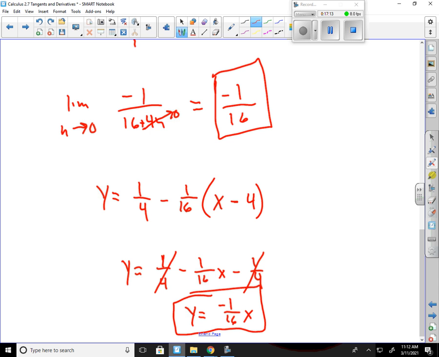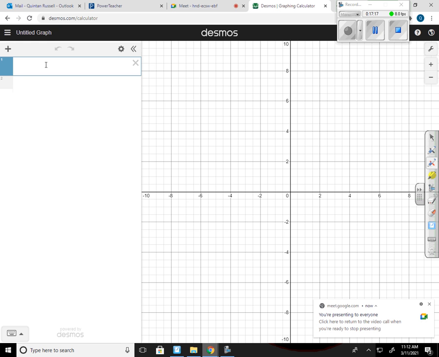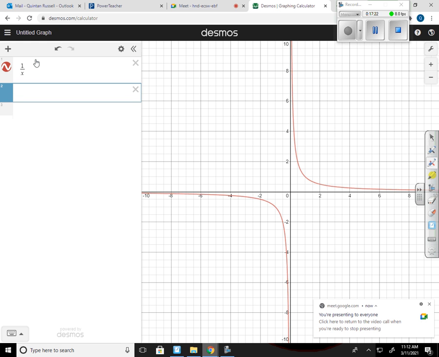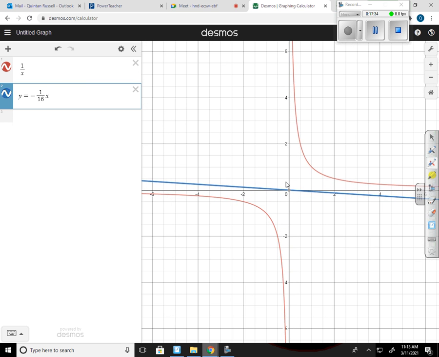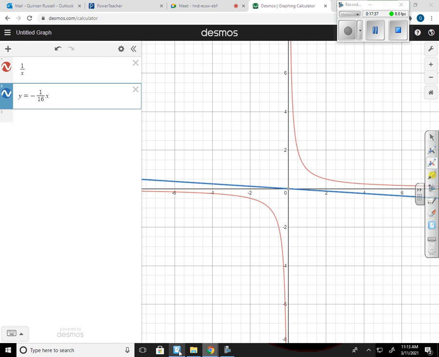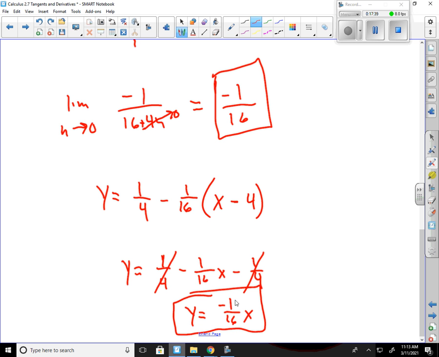Now, if I wanted to see how true that was, I can graph it. I'll just graph my equation 1 over x, which was the original. And then we got y equals negative 1/16 x. And that gives me my tangent line there.